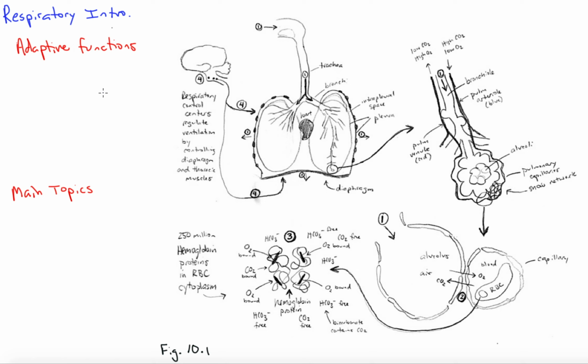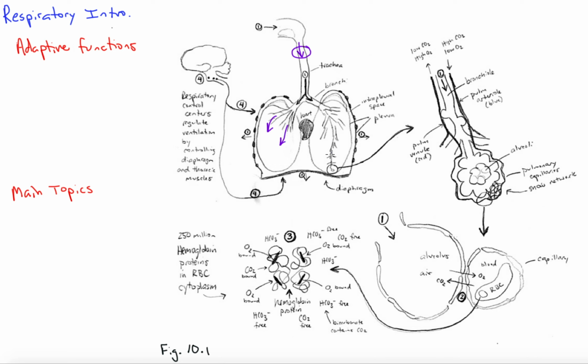But first, let's look at some adaptive functions, right? And so we have this respiratory system over here in this upper left panel. We've got our trachea leading to our bronchi. Trachea is here. Air inflow into the system would travel, we have arrows out here, would travel out into these more distal portions of the lung, and again, you can't see the detail here.